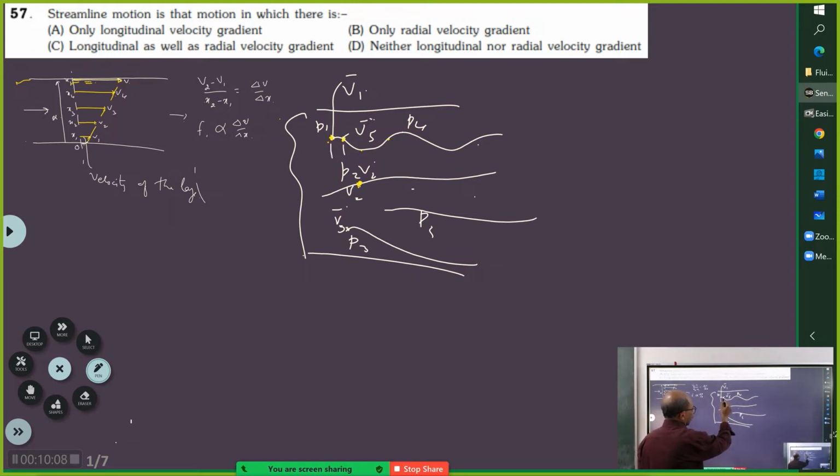Supposing the distance between them is delta x, and the variation in velocity is delta v, correct? So delta v is the change in the velocity, and delta x is the change in the position. And this becomes the velocity gradient in the horizontal direction.